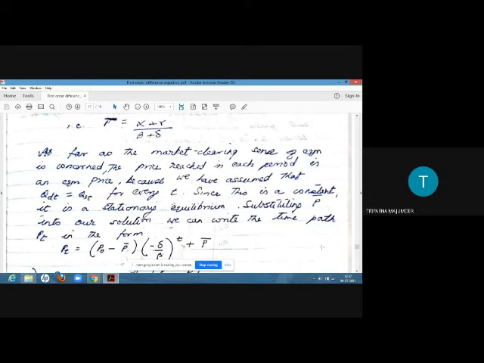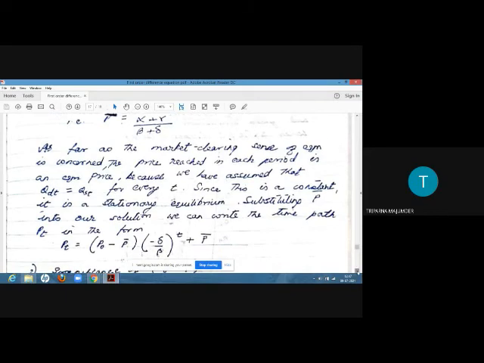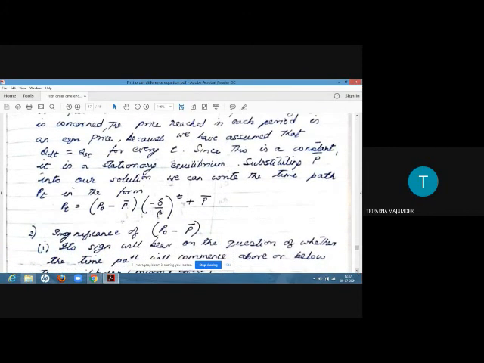Substituting P bar into our definite solution obtained previously, we get a much simpler looking solution as P_t is equal to P_0 minus P bar into minus delta by beta to the power t plus P bar.